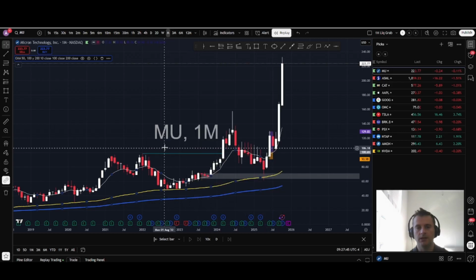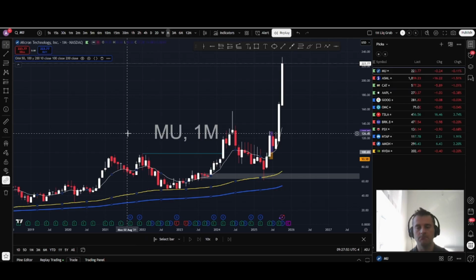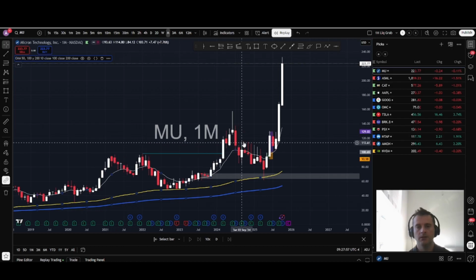This is the indicator that helps me determine whether the stock is trending upwards, sideways, or downwards, and I'm mainly interested in stocks going upwards. This is the 50 EMA, this is the 100 EMA, this is the 200 EMA. You can see that they're all aligned in ascending order, so the 50 being above the 100 being above the 200.